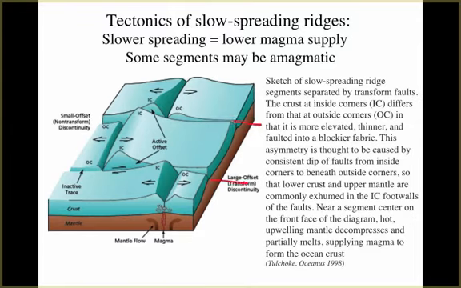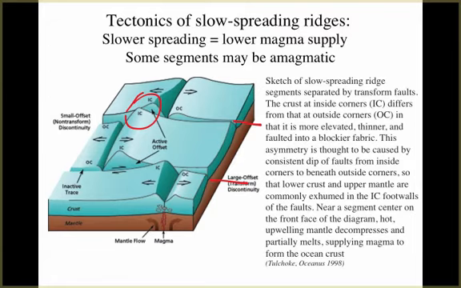The inside corners, or IC, differ from the outside corners in that they're more elevated. It's thinner and it's faulted into a blockier fabric. That asymmetry is thought to be caused by the consistent dip of faults from inside corners to beneath the outside corners, so that the lower crust and upper mantle are commonly exhumed in the inner corner footwalls.